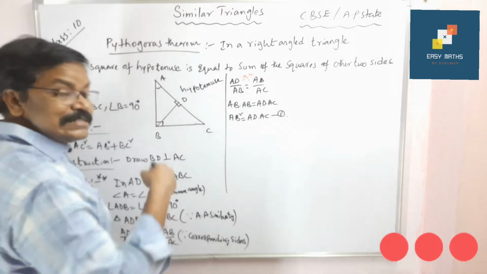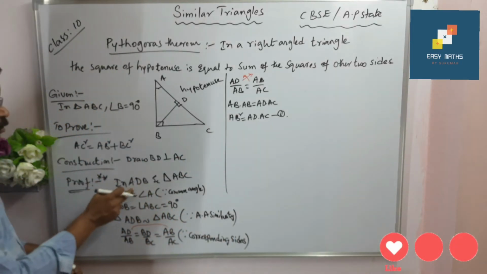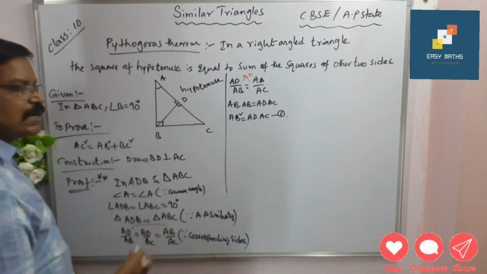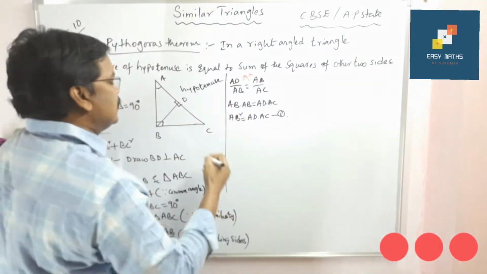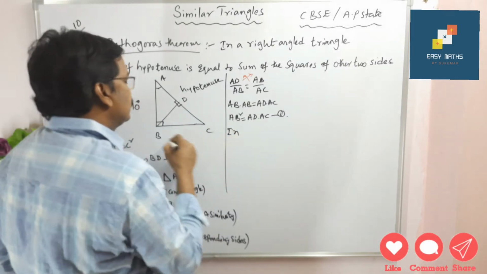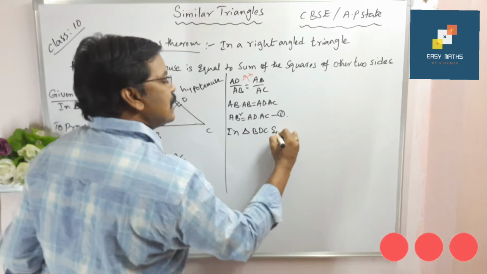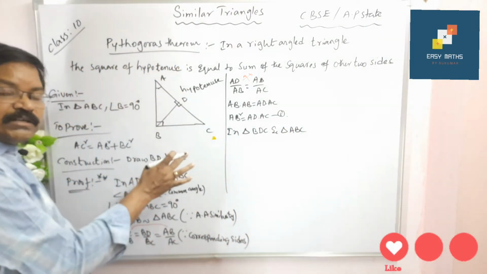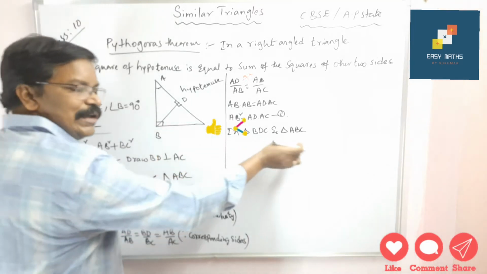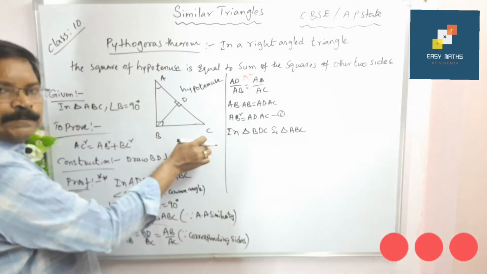Okay, coming to the next step. Now, in the first step, we took triangle ADB and triangle ABC. In the second step, we have to take triangle BDC and triangle ABC. Here also you have to remember the order of the corresponding sides of the two triangles, BDC and ABC.